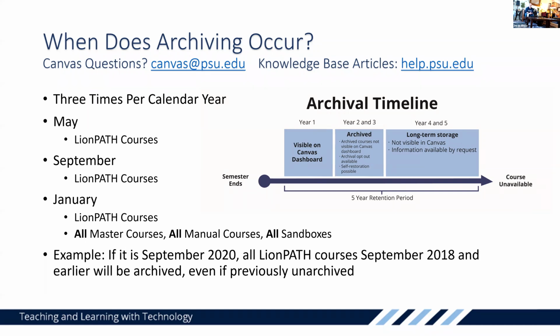So even if something is archived, at the absolute very worst, it might not be available for a day, day and a half, or something like that when the archiving process happens, but it can always be restored to you should you need it. But the way the process is designed and the way the technology works, we can't help but have to archive master, manual, and sandboxes all together, all at once, every single year. That happens in January.